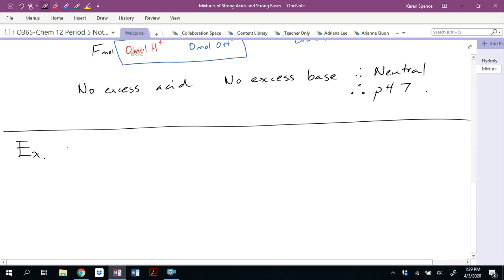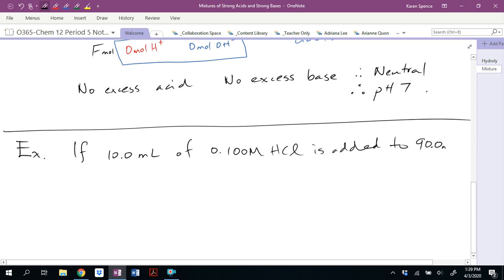If 10.0 milliliters of 0.100 molar HCl is added to 90 milliliters of 0.100 molar NaOH, what is the pH of the mixture?